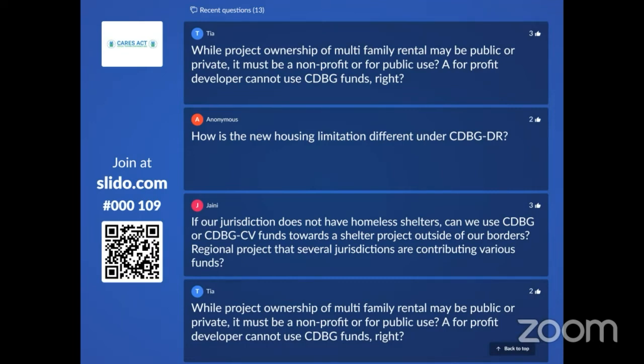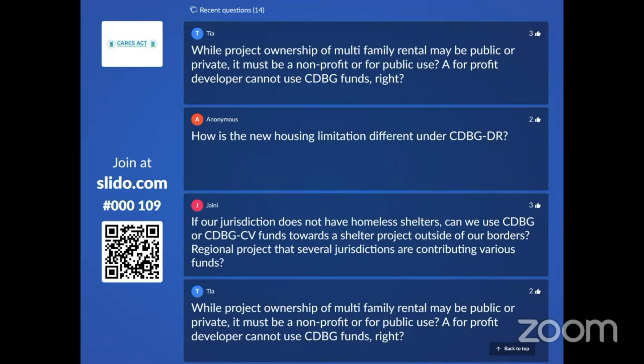While project ownership of a multifamily rental may be public or private, it must be a nonprofit or for public use. A for-profit developer cannot use CDBG funds, right? When a multifamily building is being rehabilitated, it can be owned by a for-profit, or it can be owned by a nonprofit.